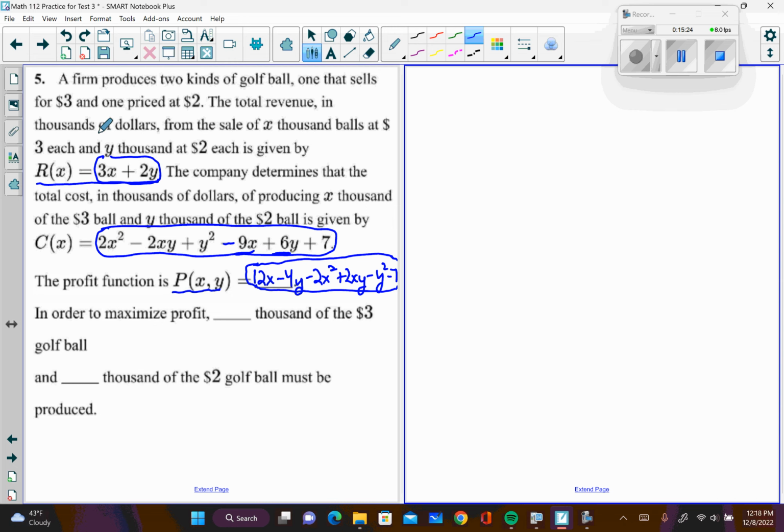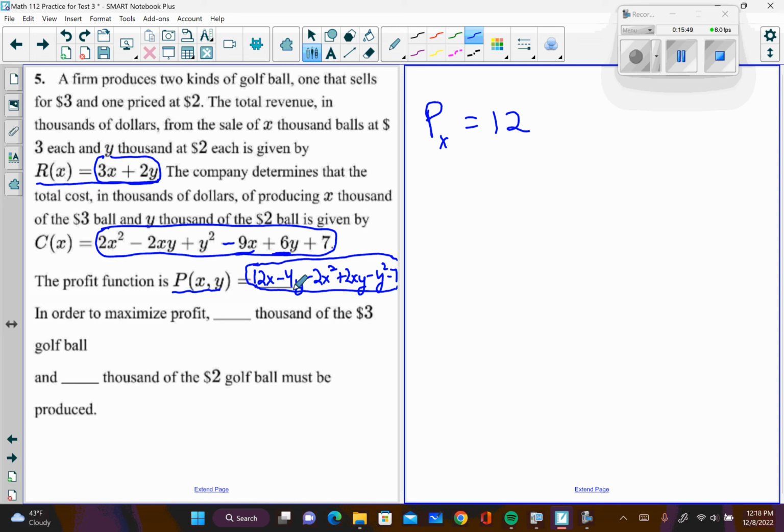In order to maximize profits, we need the partial derivative of p with respect to x. So we're going to treat y as a constant. The derivative of 12x is going to be 12.